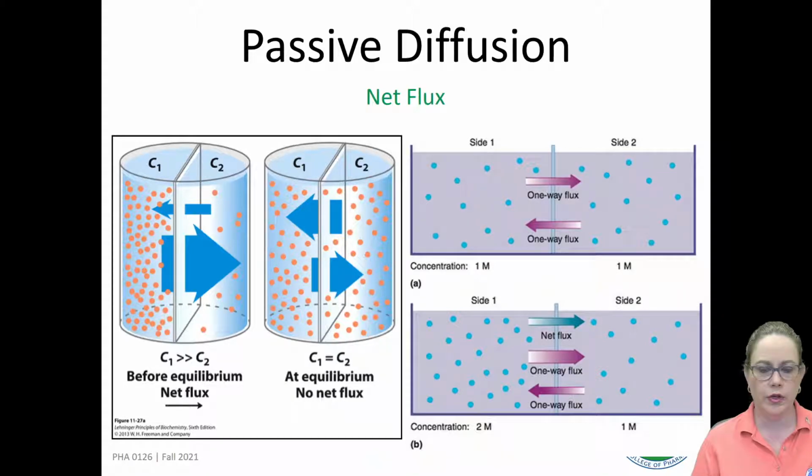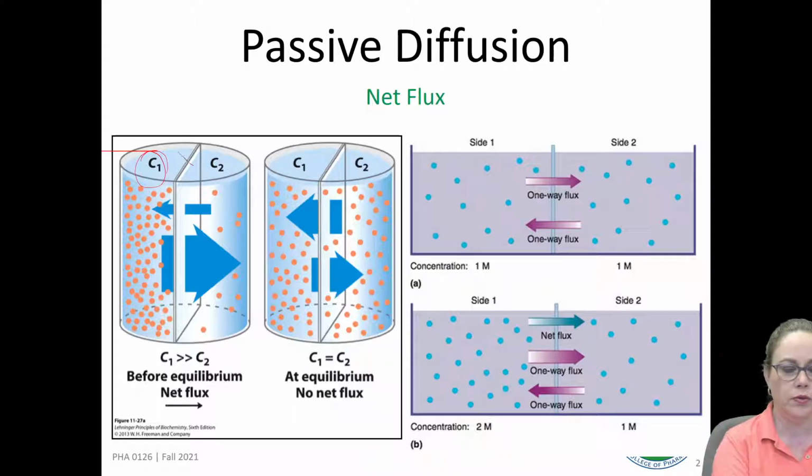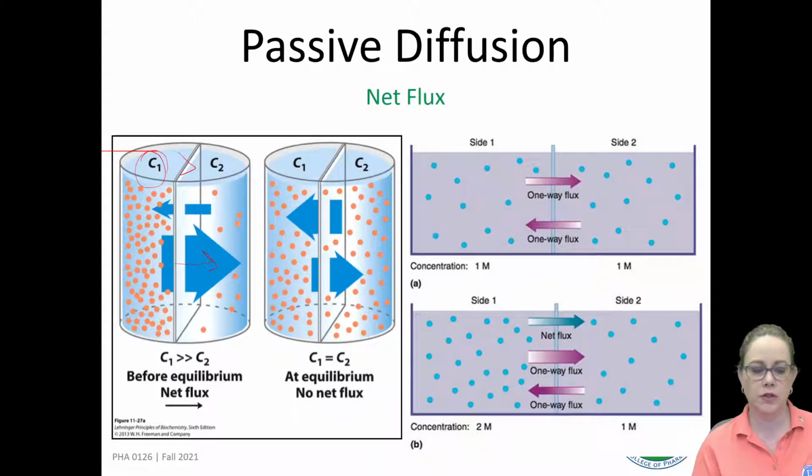So again, looking at our figure on the left, we can see C1 has a very high concentration on the left side of our beaker, so it's much higher than C2. And so what we're seeing is a movement of the molecules, in this case from the C1 side to the C2 side.